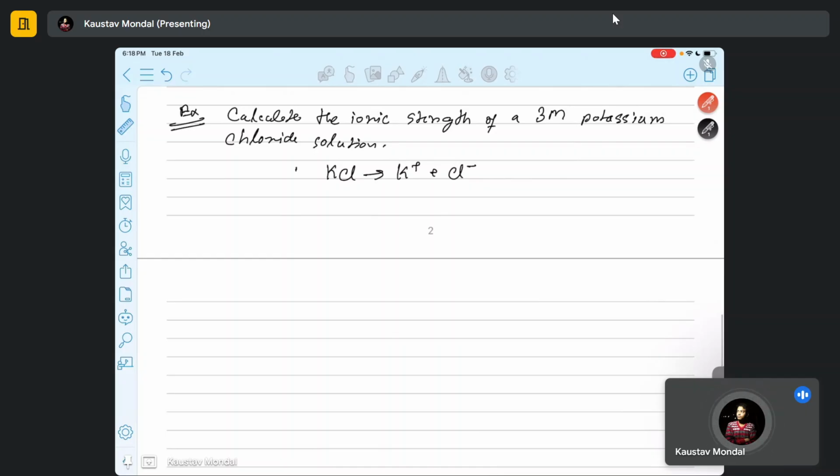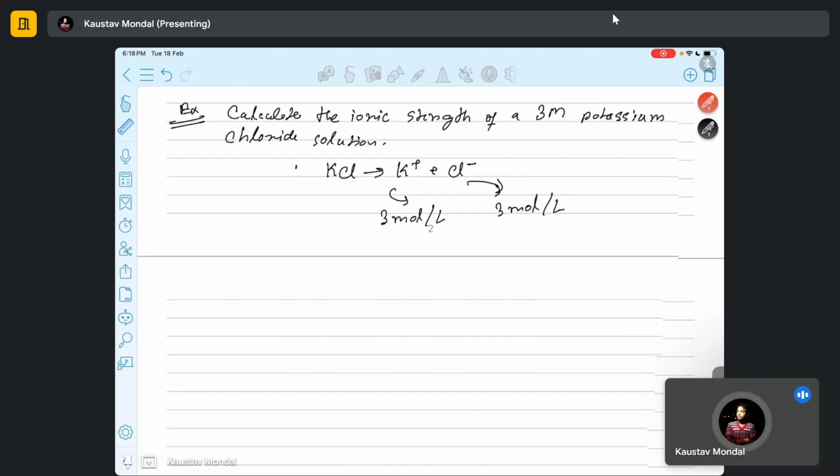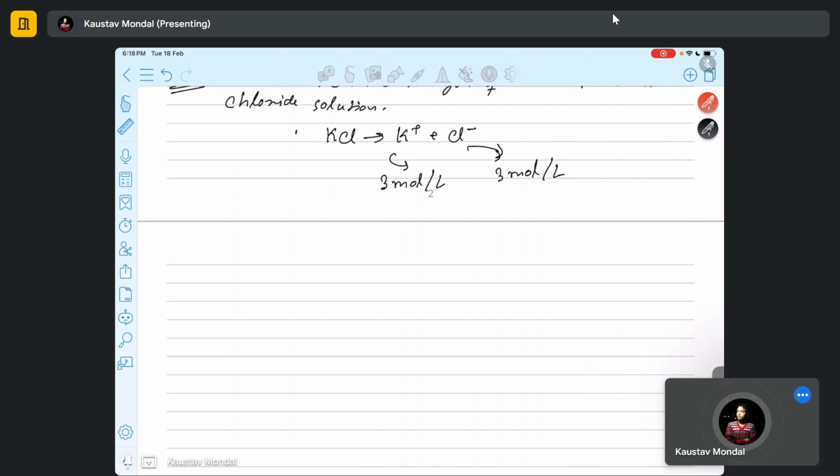As this is 3 M, each ion has 3 moles per liter. The concentration of Cl minus also is 3 mole per liter, right? So each of the ions has 3 mole per liter concentration after the dissociation, right?